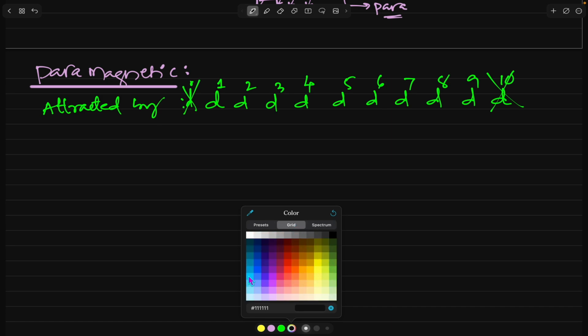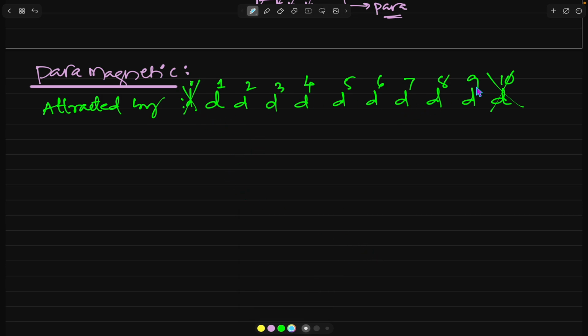You just have to look at the electronic configurations, right? Paramagnetic and ferromagnetic. Here, I'll write the D1 configuration in a box.